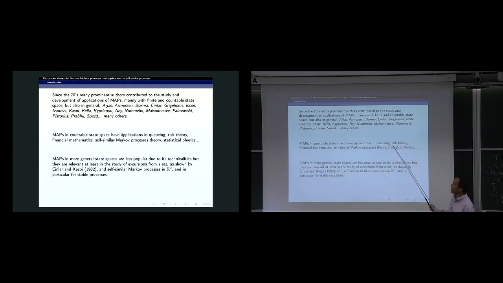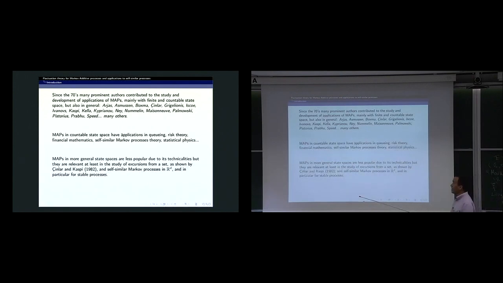They also appear in risk theory, statistical physics, financial mathematics, and more recently, via this result, in the theory of self-similar Markov processes. A lot of authors worked on this topic. You can check the literature of the 70s, with many results on Markov additive processes, but mainly in the case where the state space is discrete.